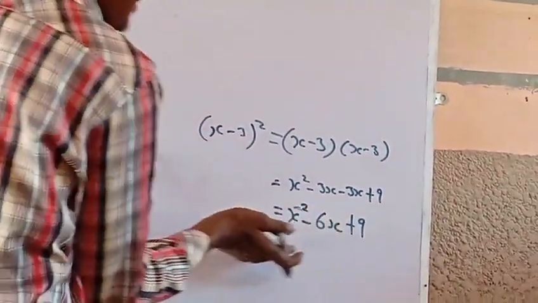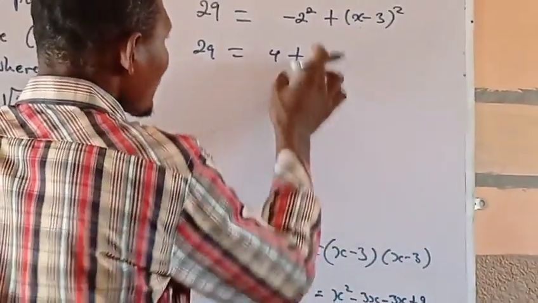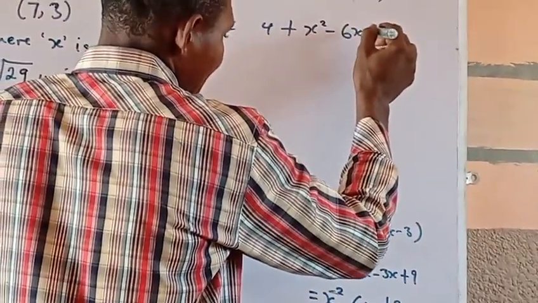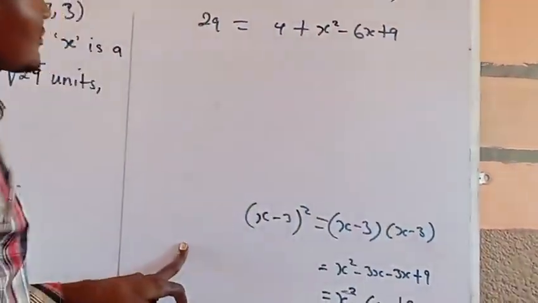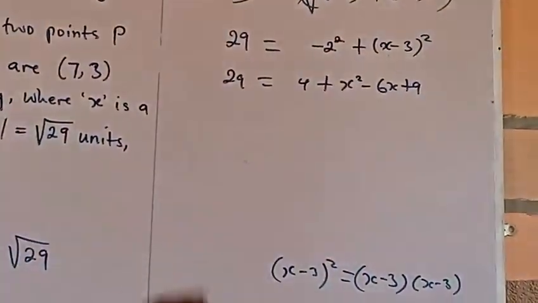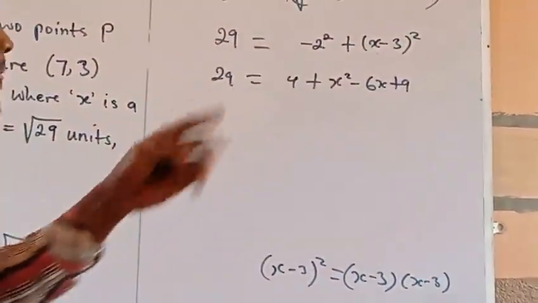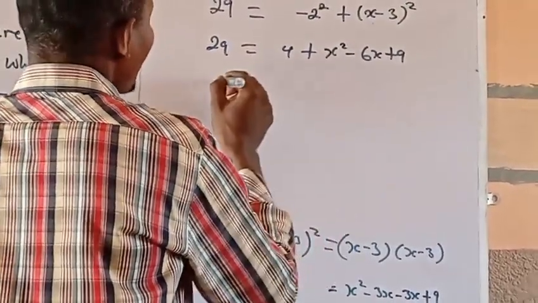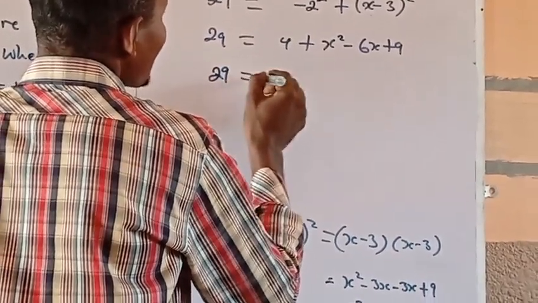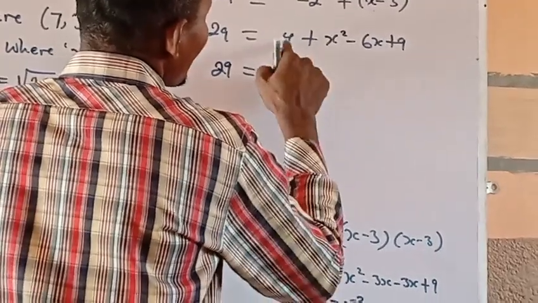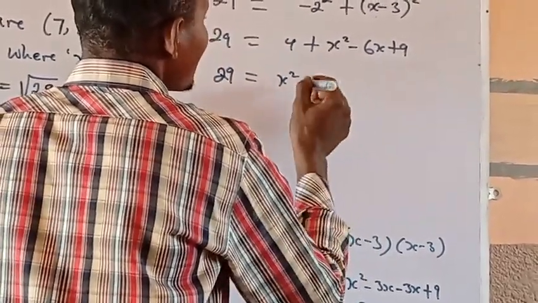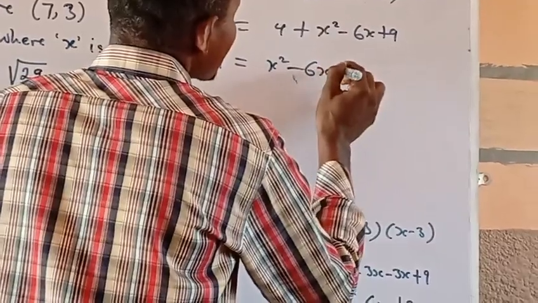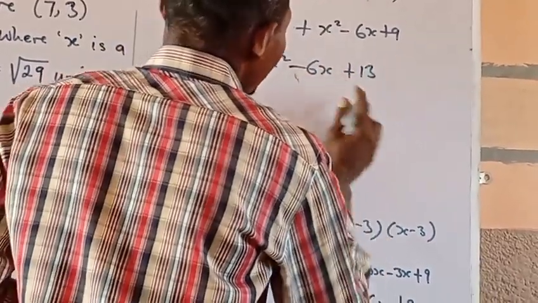Having this, we can now substitute it in. So we have 29 is equal to 4 plus x squared minus 6x plus 9. Now we have a quadratic equation here, since the highest power of x is 2. So we can rearrange this: 29 is equal to x squared minus 6x plus 13, since 4 plus 9 gives us 13.